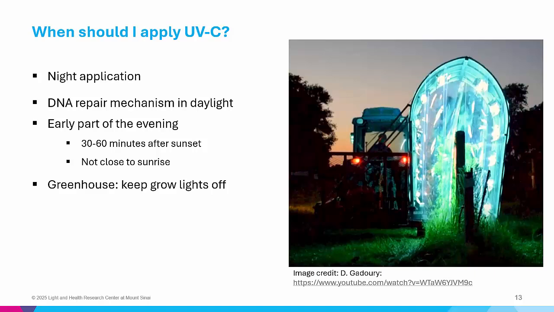So if we apply UVC at night when there are several hours of darkness yet to come, that helps the UV to be particularly effective. Therefore, don't plan to get up early before sunrise to do your UVC treatment. Also, for that reason, if you're growing in a greenhouse or controlled agriculture conditions and are using electric lighting to promote plant growth, you'll need to keep the grow lights off for several hours after treating with UVC.